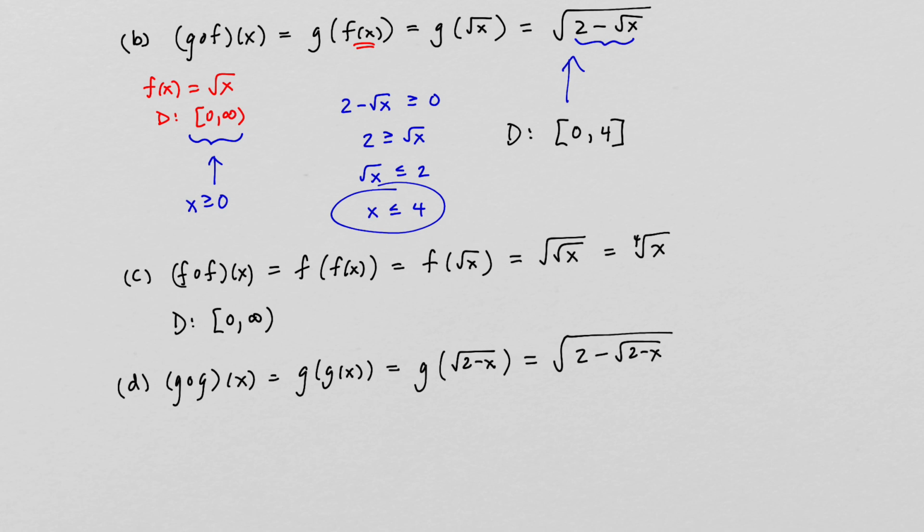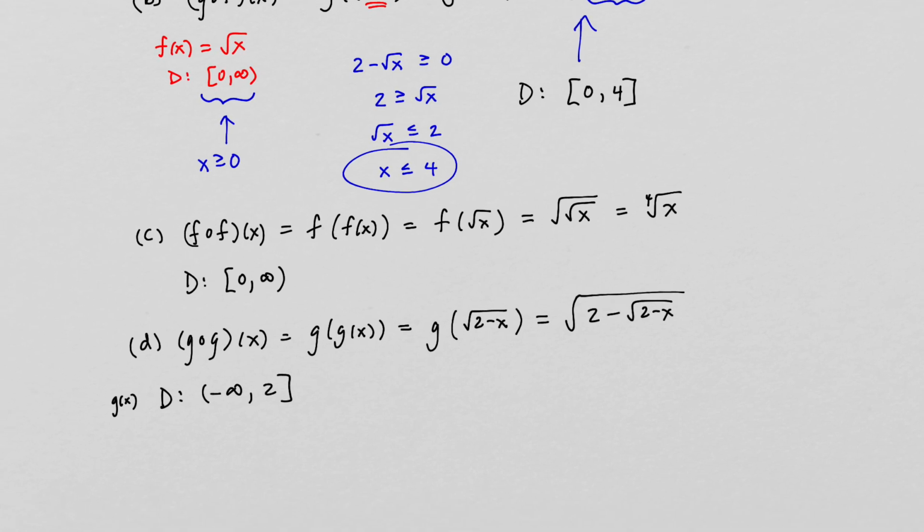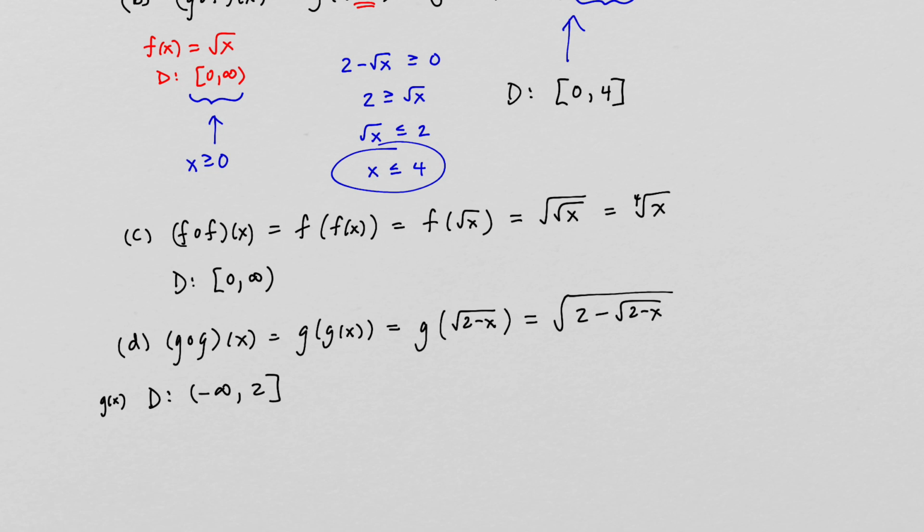Now what about the domain? Well, again, for g, we already established that the domain has to be a number between negative infinity and positive 2. But do we get any additional restrictions? I suspect we do, because whatever we plug in for x, this quantity must also be positive. So 2 minus the square root of 2 minus x must also be greater than or equal to 0.